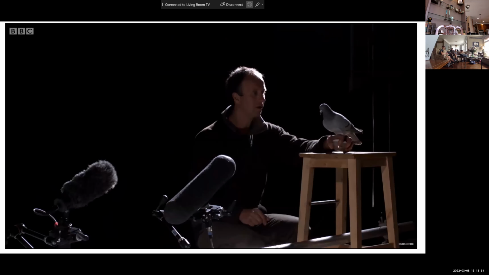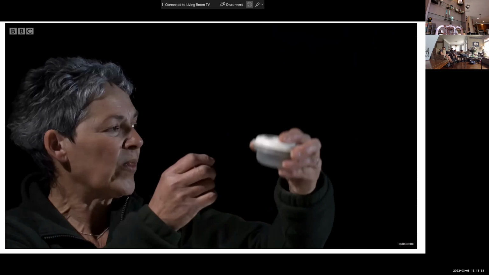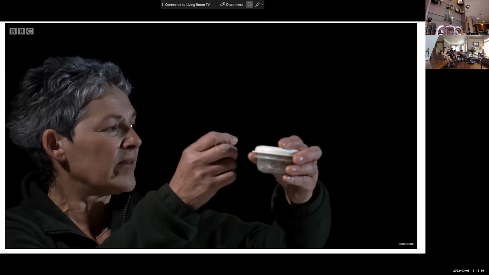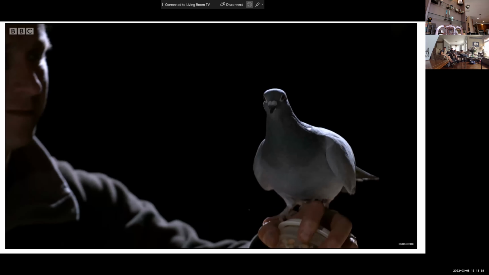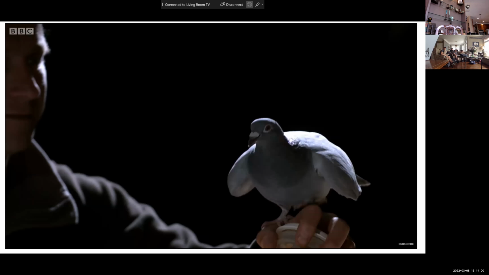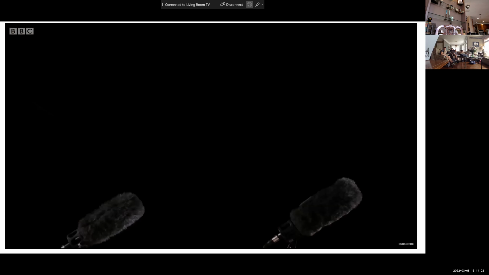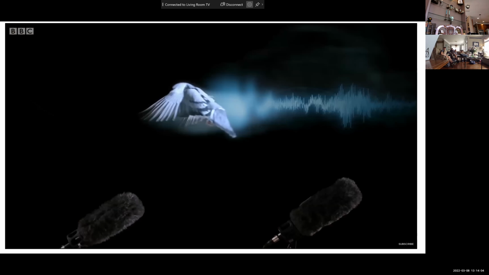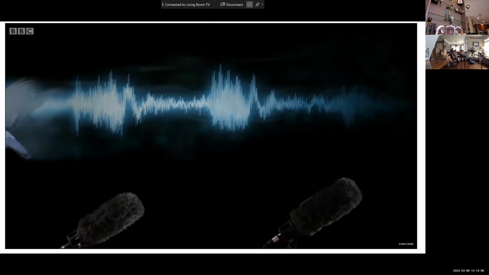But what have the microphones picked up? A decibel waveform shows the sound being generated by the birds in flight. Each spike is an individual wing beat.